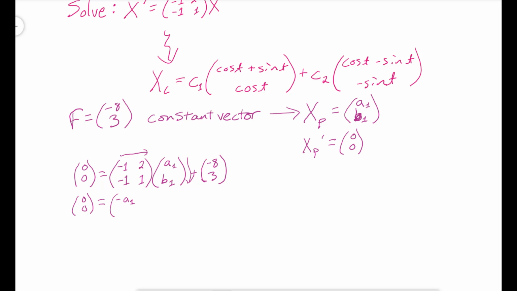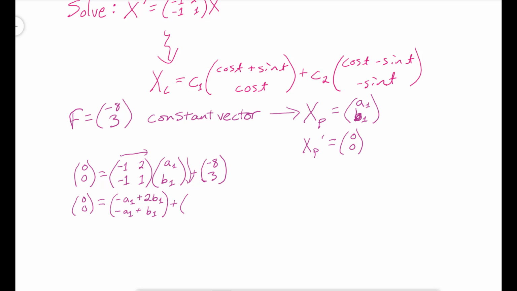Then going to the right, I have 2, going down I have b1, so this will be plus 2 b1, and that's my first row because I used the first row of the matrix to get it. To get the second row, I need to use the second row of the matrix. We start on the left with negative 1 times the top a1, which is negative a1, and then adding to that, 1 times b1, the right times the bottom, so it's 1 b1, and that concludes that multiplication.